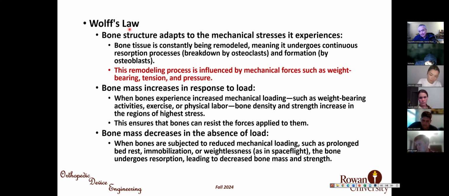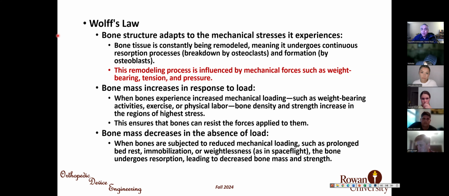This rule says that when we apply load on bone, bone starts to react to strengthen itself to be able to tolerate the load. As we increase the load, the bone increases its strength. And if we decrease the load, the bone decreases its strength.